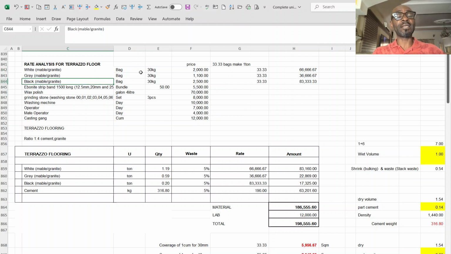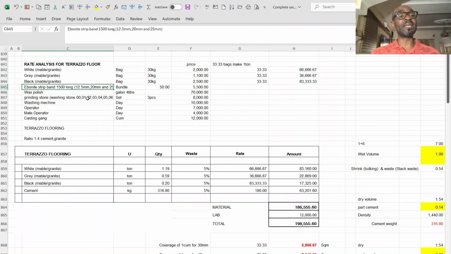And in the context of Nigeria, this granite is sold in bags, and the weight for each bag is around 32 kg. And their prices differ. The prices of the granite colors differ. As you can see, the white is 2,000 per bag in the market, while the gray is 1,100 per bag, while the black is 2,005 per bag in the market.